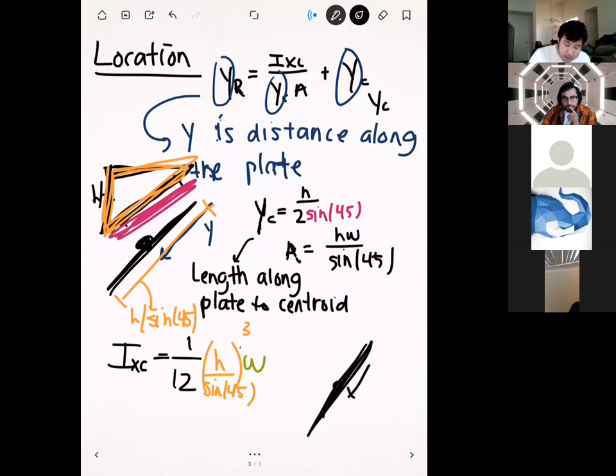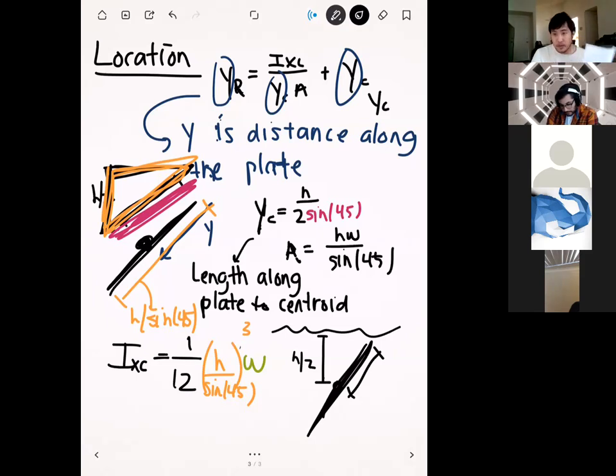And what we want to compute is this distance right here, that's going to be YC. I don't know that right off the bat. But what I do know is that the depth of the centroid from the surface of the water is going to be h over 2. That's where I get the h over 2. The depth of the centroid is always going to be whatever the total depth is divided by 2.